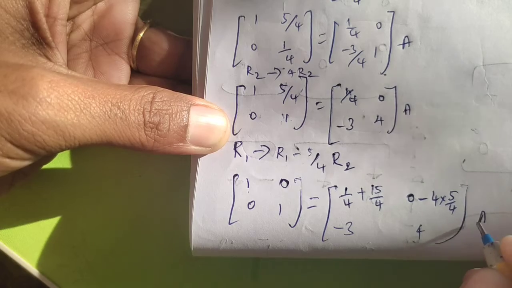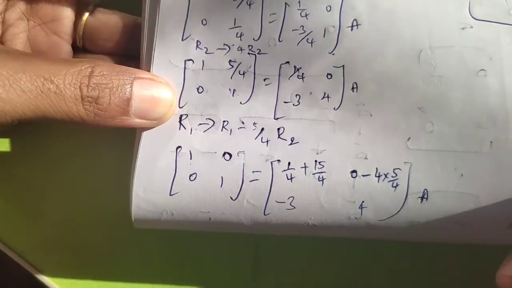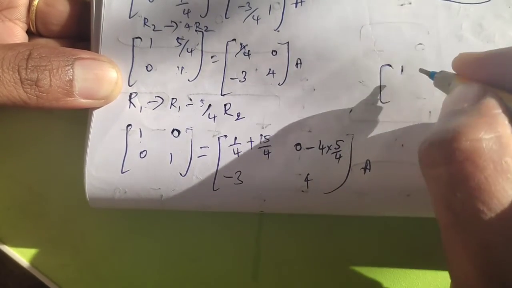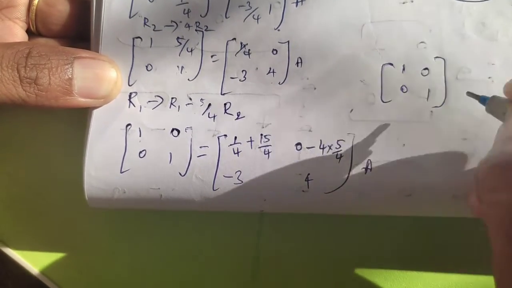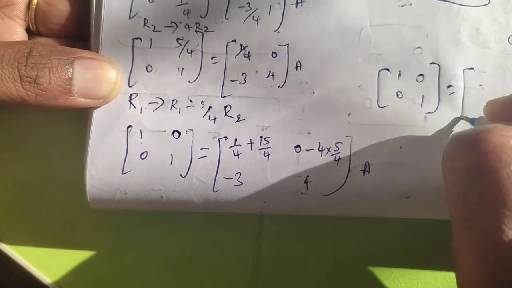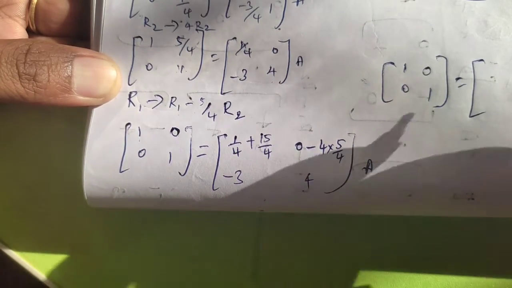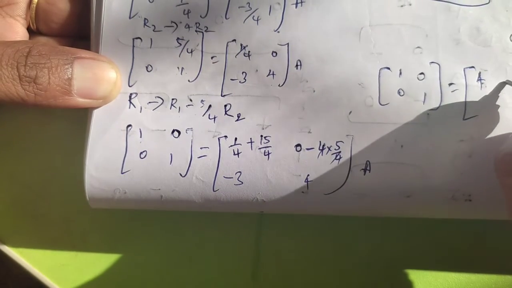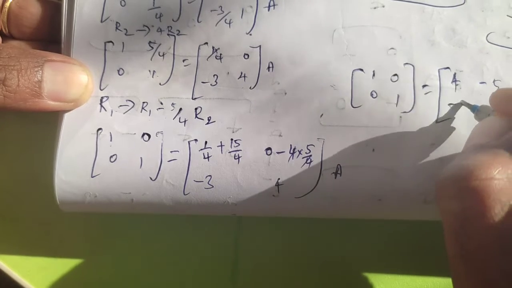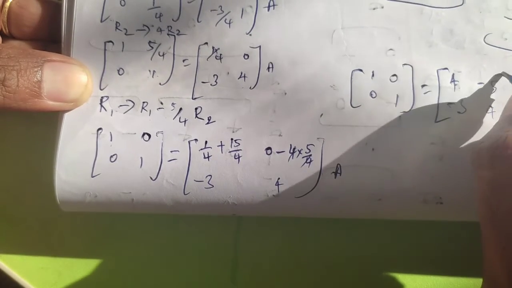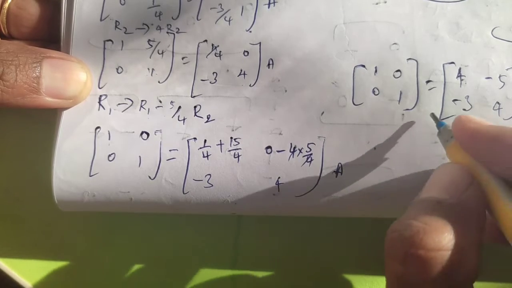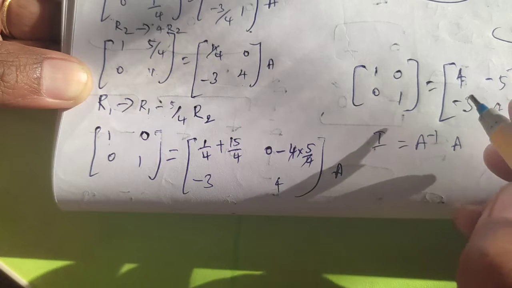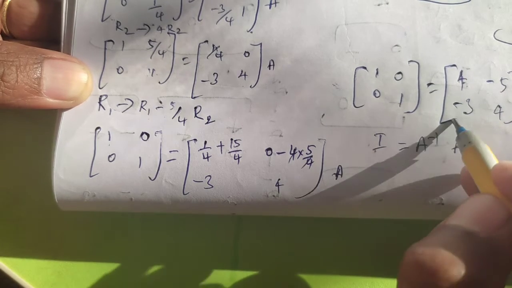So finally we are getting the matrix [1, 0; 0, 1] equal to [4, minus 5; minus 3, 4] into the matrix A. Therefore, I equals A inverse A. Our A inverse matrix is [4, minus 5; minus 3, 4].